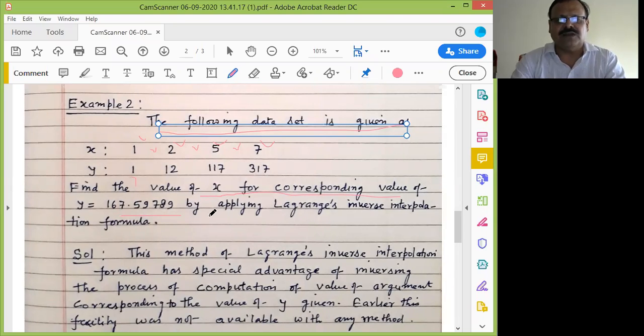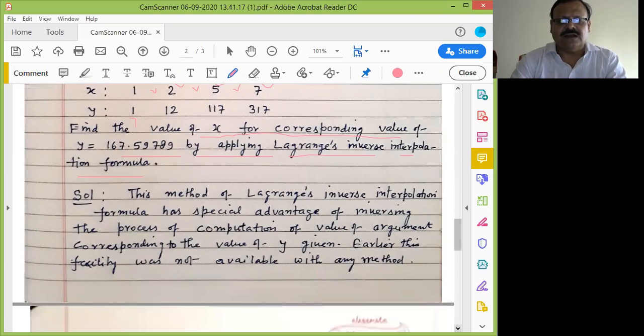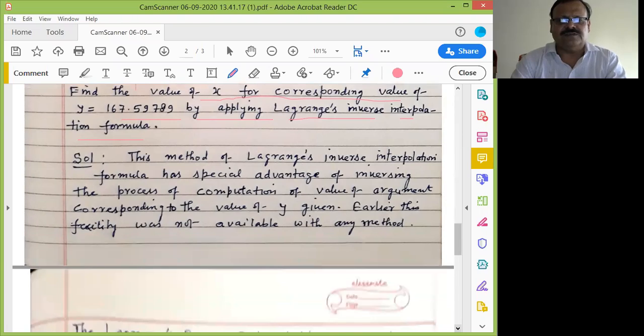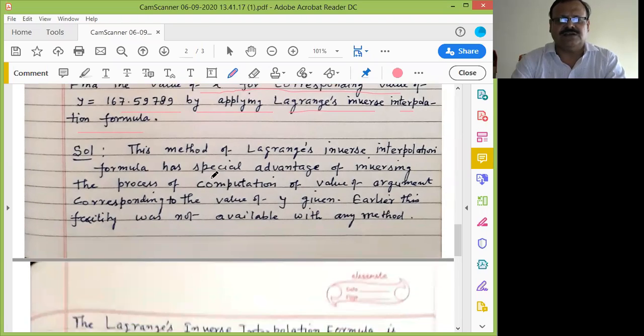The value of x for the corresponding value of y is 167.5979789, by applying the Lagrange inverse interpolation formula. This method has a special advantage of inversing the process of computation.